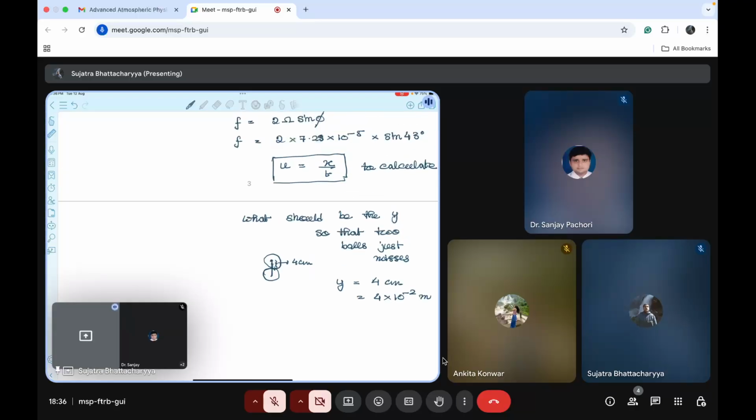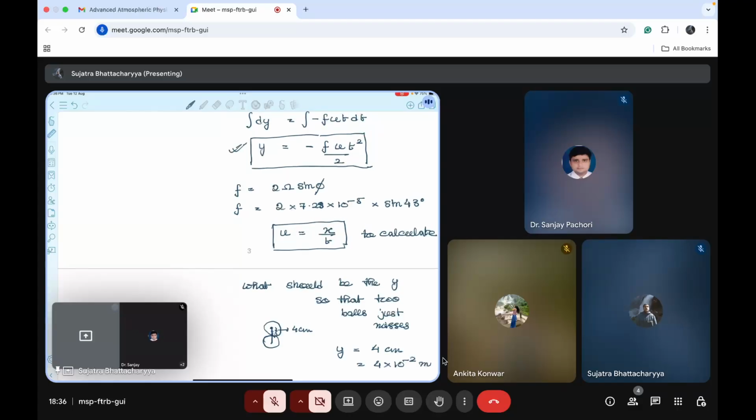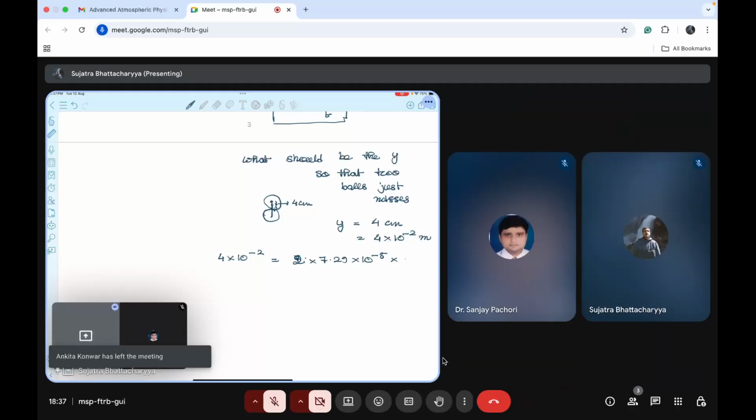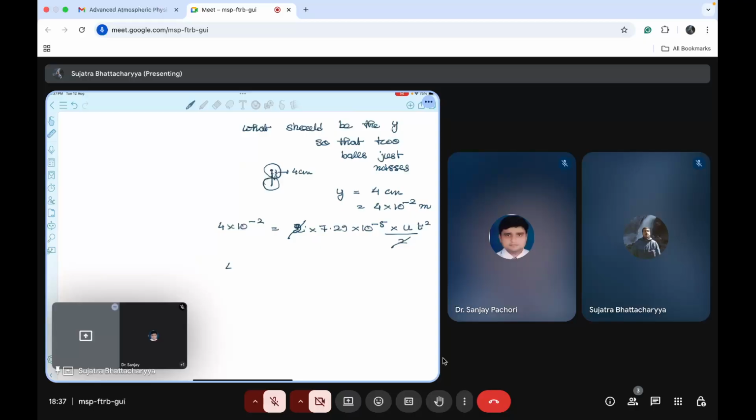So put this value in this equation and let's see what we get. y is 4 into 10 to the power minus 2, which is equal to 2 into 7.29 into 10 to the power minus 5 into u, with a t squared and a 2, so the 2 cancels.